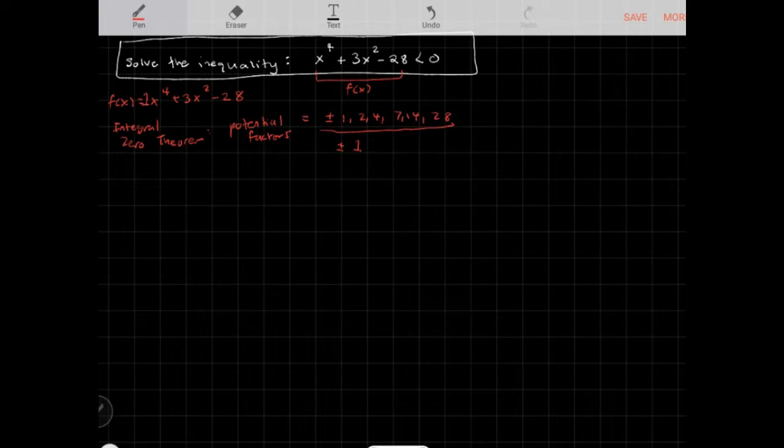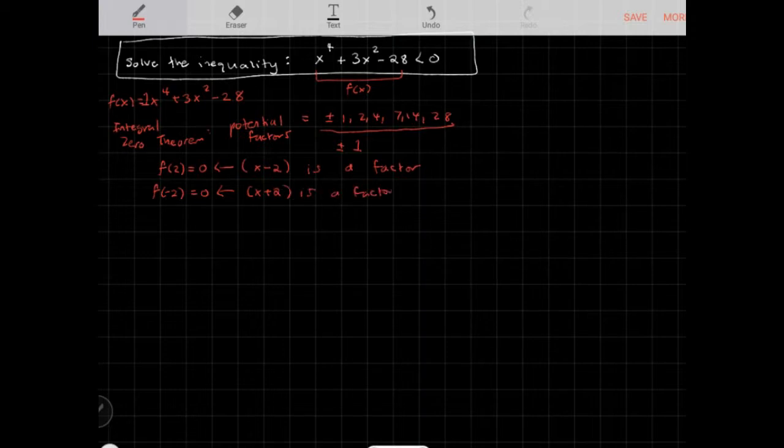So we actually find out that f of 2 is equal to 0, and once it's equal to 0, you can use factor theorem: x minus 2 is a factor. Because it is to the power of 4, you can either use synthetic division twice or long division. I also found out that f of negative 2 is also 0, so according to factor theorem, x plus 2 is a factor.